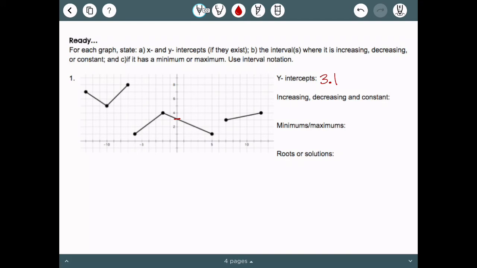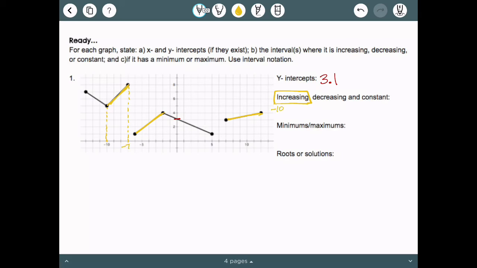For increasing, decreasing, and constant, I'm going to have to do a few. So for increasing, I see that I'm increasing here, and here, anywhere that I'm going up. So I would say that I'm increasing from -10 all the way to -7.